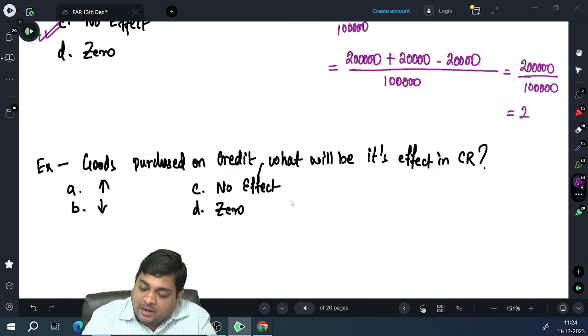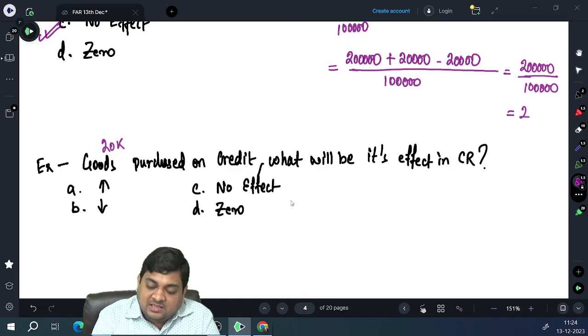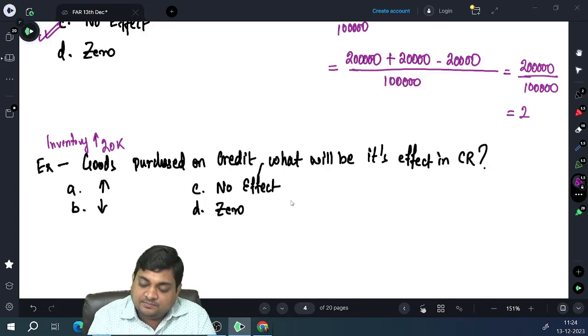Let us first take an arbitrary figure, 20,000. Now you can see that inventory will increase by 20,000.